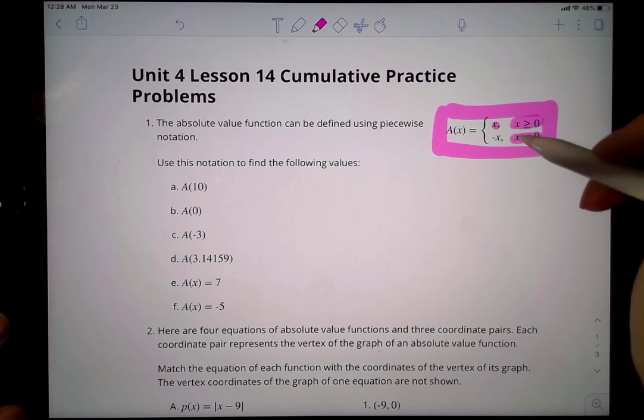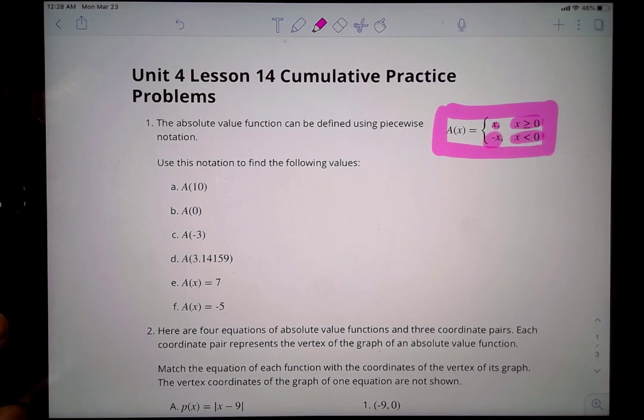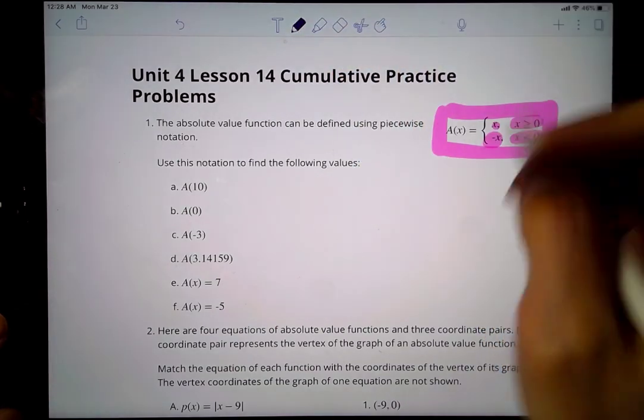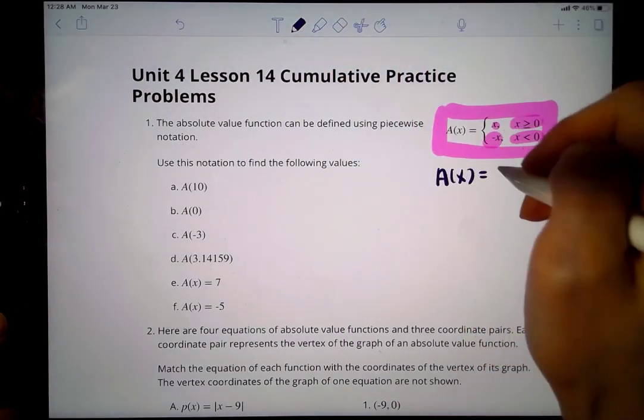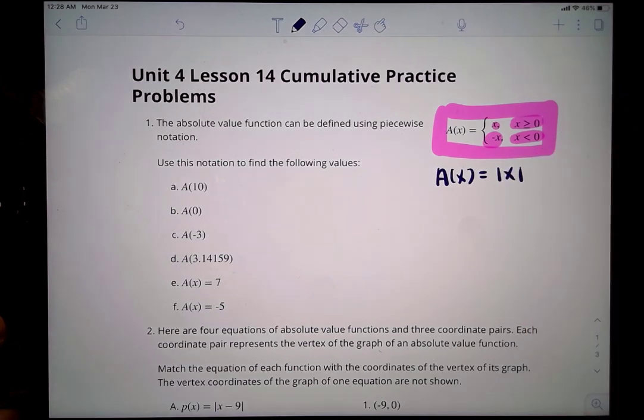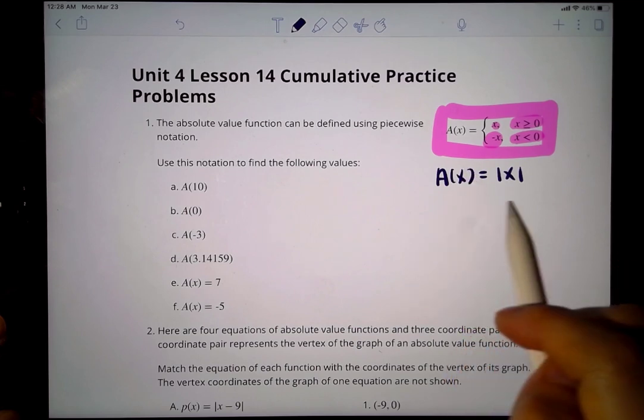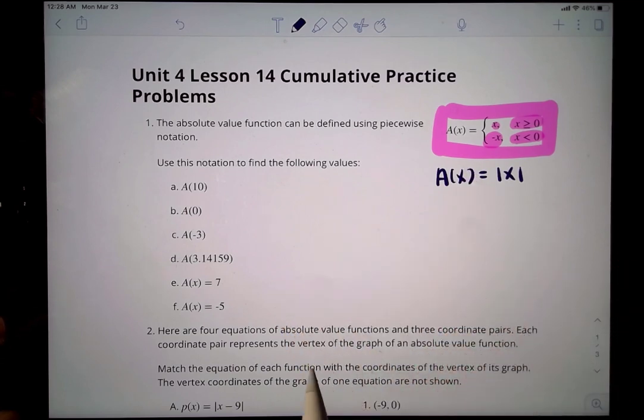And when it's negative, you need an extra negative sign to make it positive. So if you see this notation, you need to know this is the absolute value of x. If you realize that's the absolute value function, then everything is so much easier.